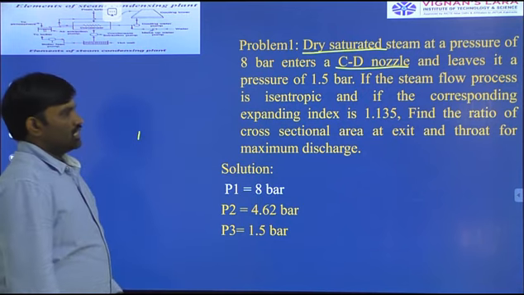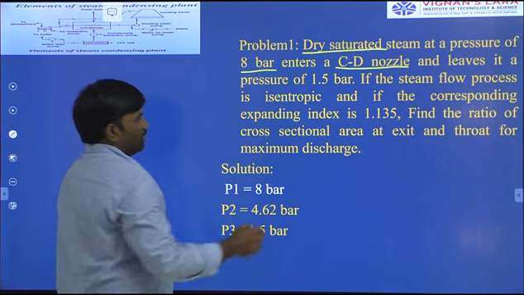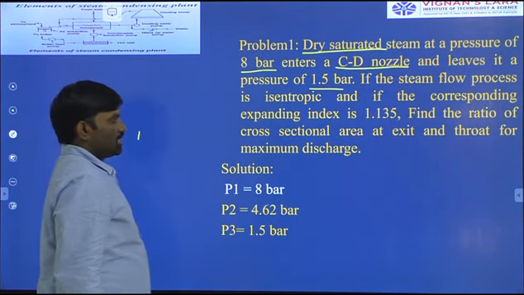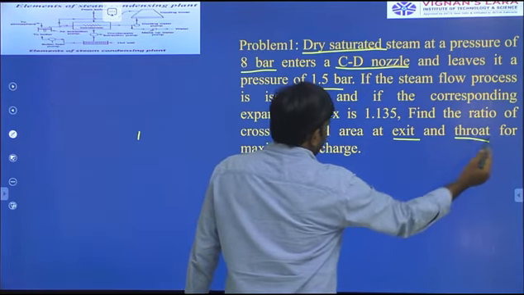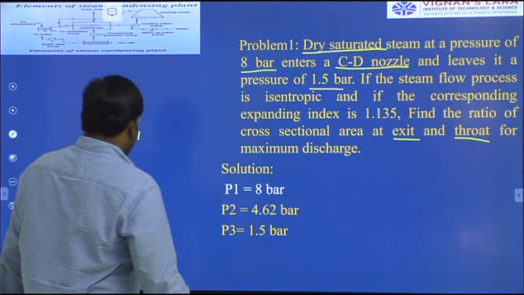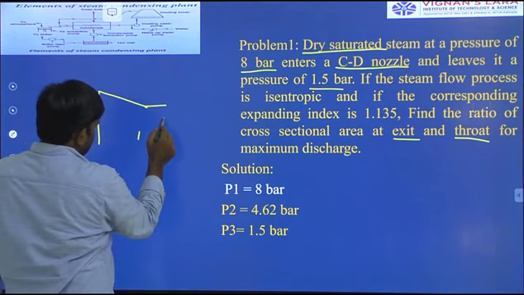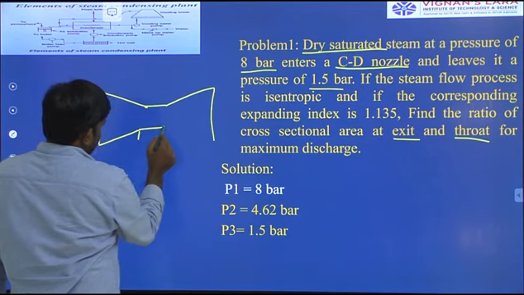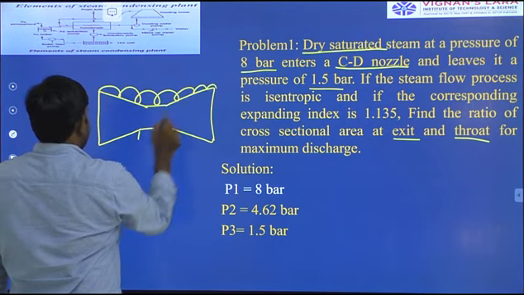The pressures at inlet and exit are 8 bar and 1.5 bar, and we have to determine the ratio of cross-sectional areas at exit and throat. The nozzle cross-section is like this, and the nozzle body is insulated.